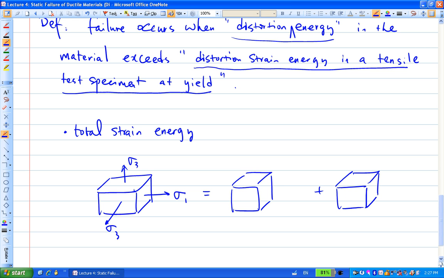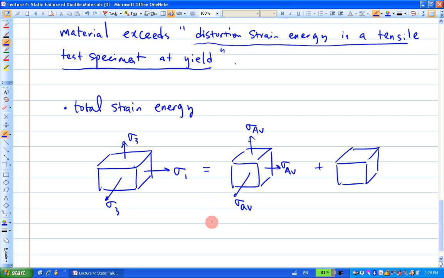One part is what we call the hydrostatic component, which means every side of this element is subjected to the same value of stress. So this component is called the hydrostatic component.